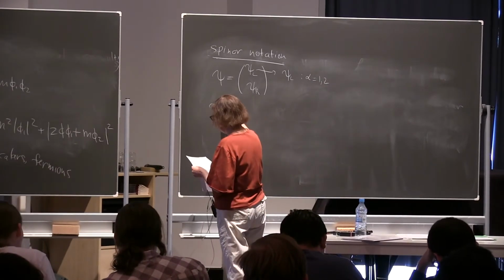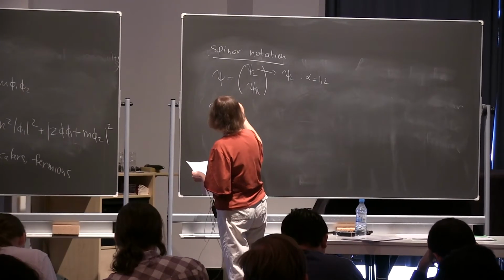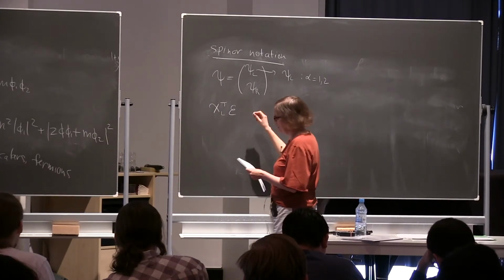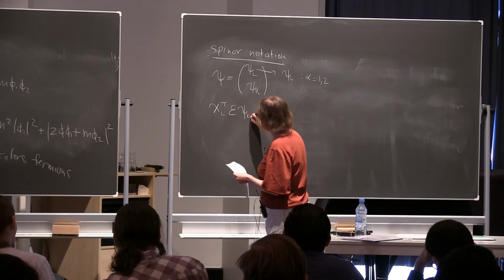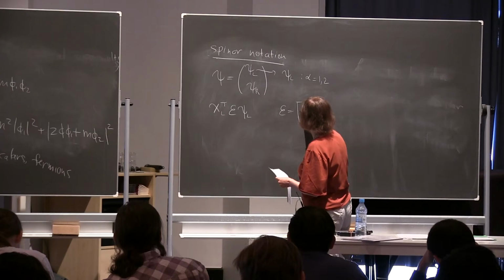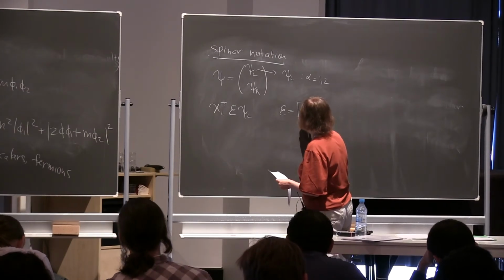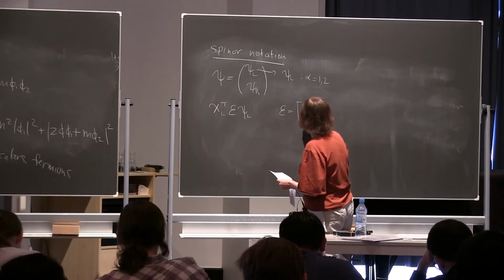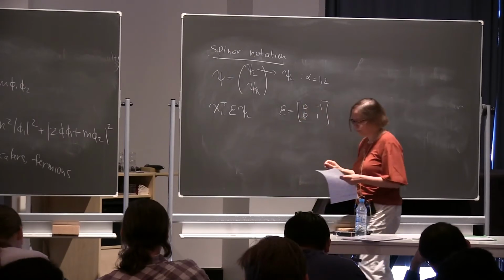The bilinears that we had before were of the form psi chi transpose, for example, epsilon psi L, and this epsilon was a matrix 0, -1, 1, 0.